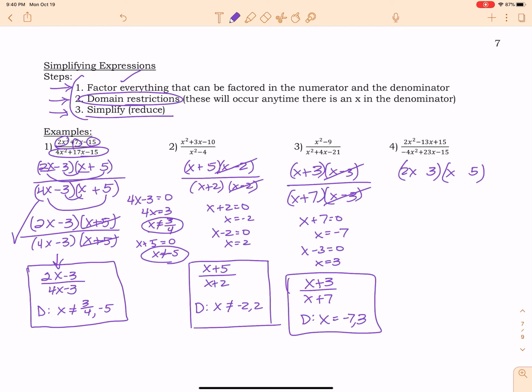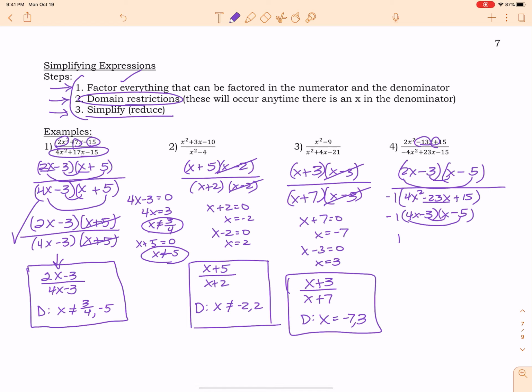Okay, so this time, this 15 is positive, and I want a -13. So both of these are going to be negative because -3x and -10x is -13x. All right, in the denominator, please factor out a -1 first. It will make your life so much easier, which means all your signs will change. So let's see what this is going to end up being. Let's try 5 and 3, negative and negative, -3x and -20x, -23x. Yay for us.